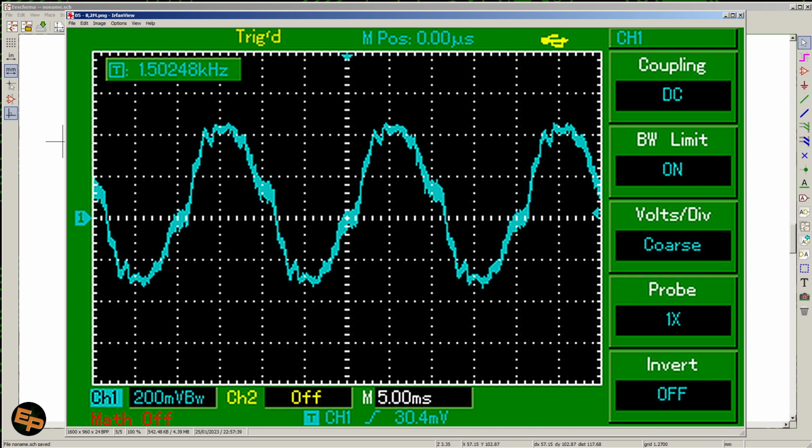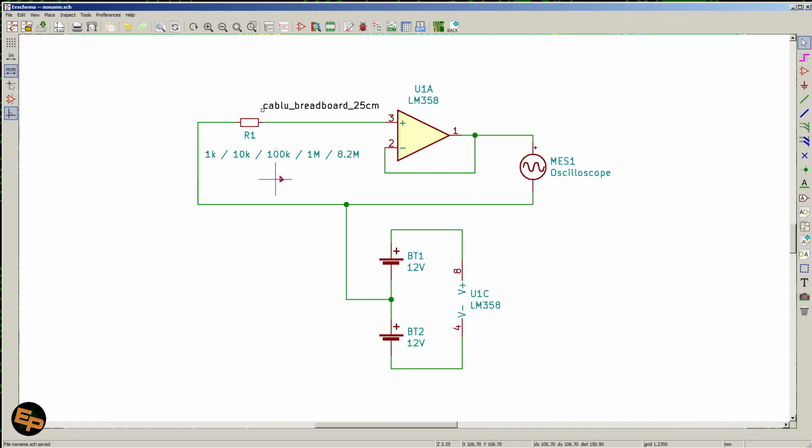So with this in mind, it's pretty clear that we ideally want as low an input impedance as possible. Sometimes that's not achievable, so we have to live with the consequences.